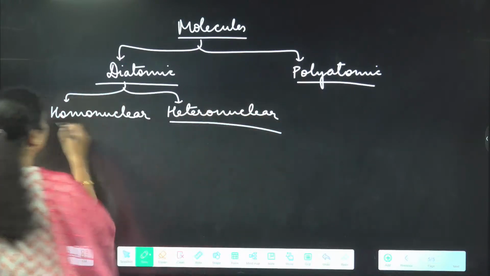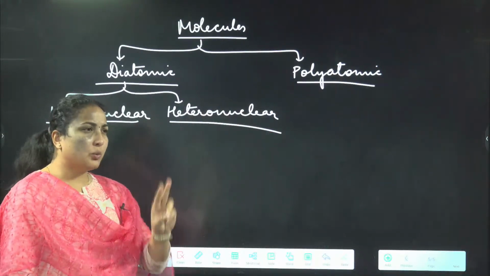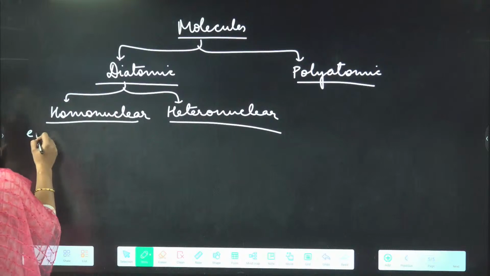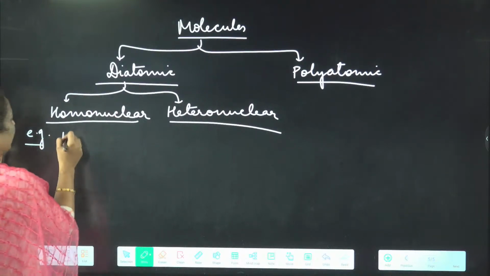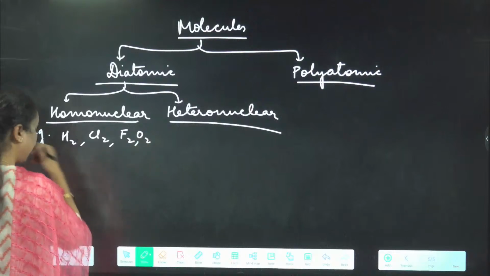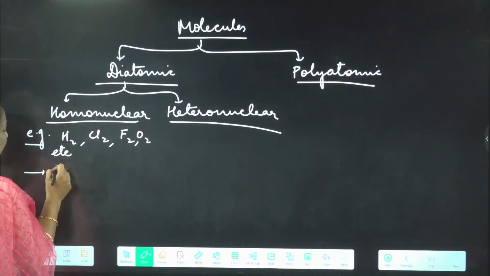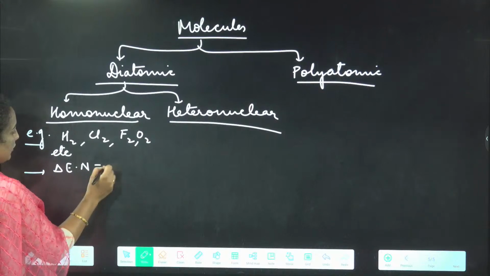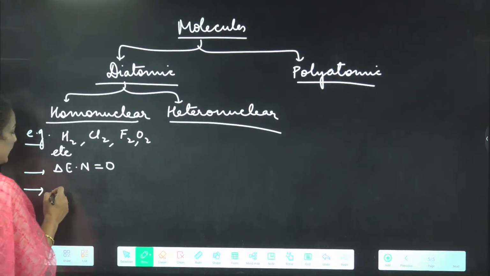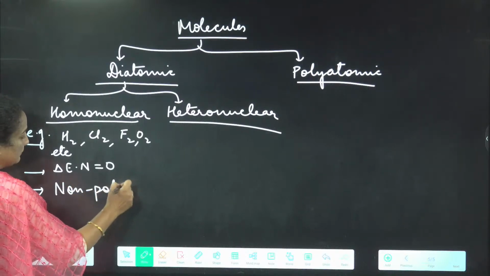When I say homonuclear diatomic, what? Diatomic means two atoms. Homonuclear means I am having two same atoms, right? So for example H2, Cl2, F2, O2, etc. Do we have here any electronegativity difference? No. So will there be any polarity in the bond? No. So here I am saying that they are going to be non-polar always.